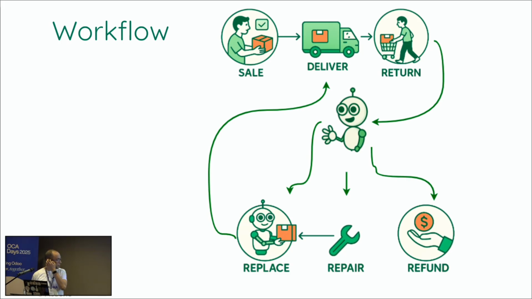Is it a refund, directly replacing or exchanging the product, or repairing the product before sending it back to the customer? We will see in the demonstration that we can combine this workflow as we need.